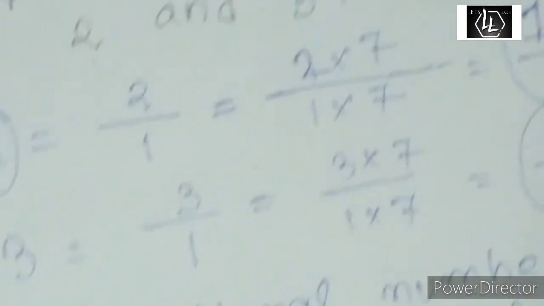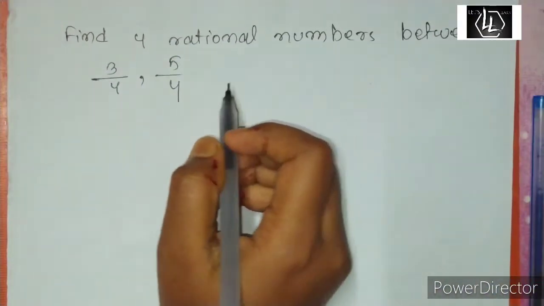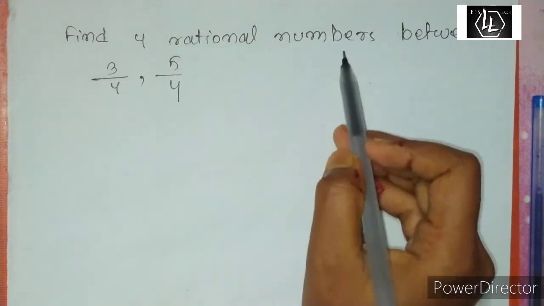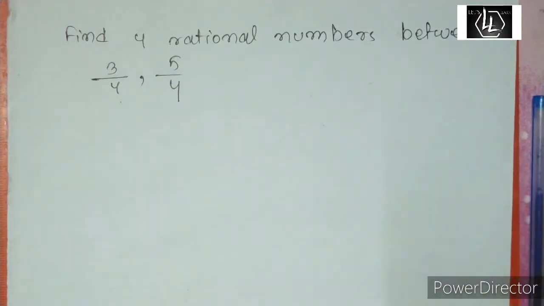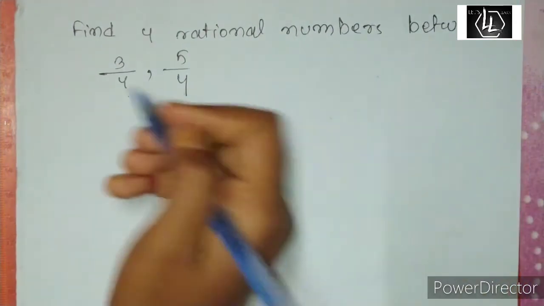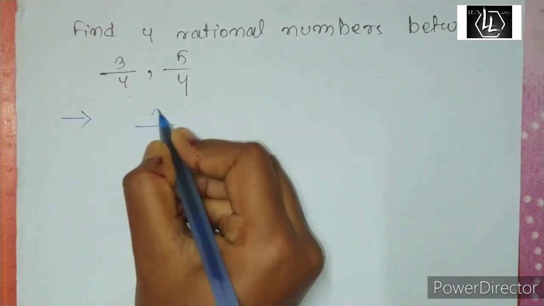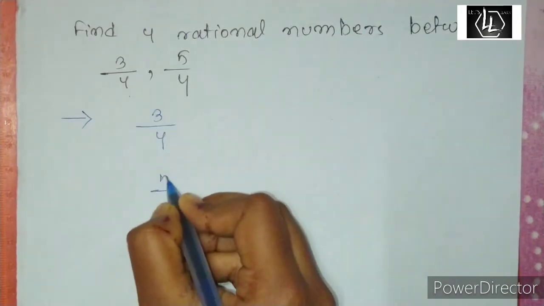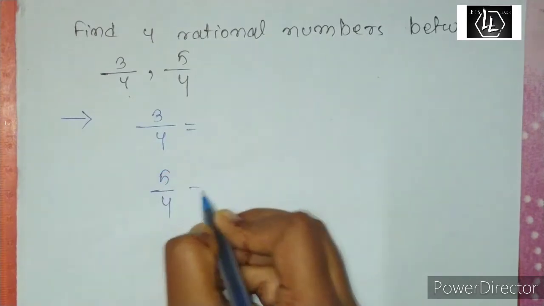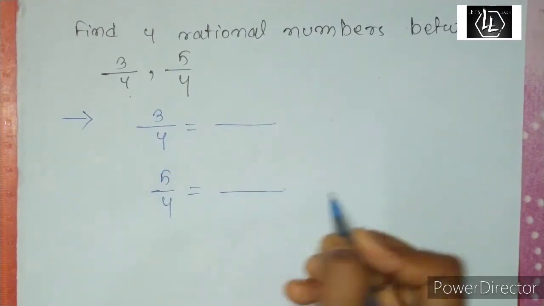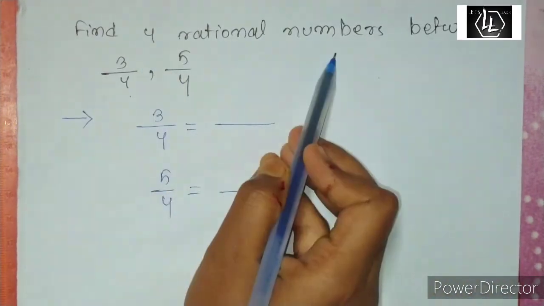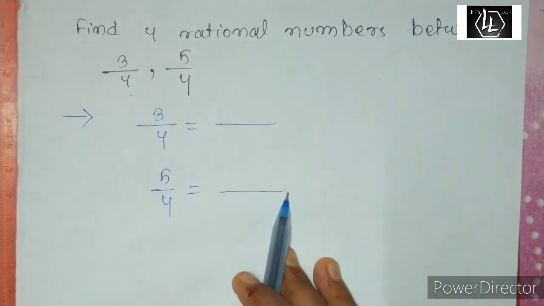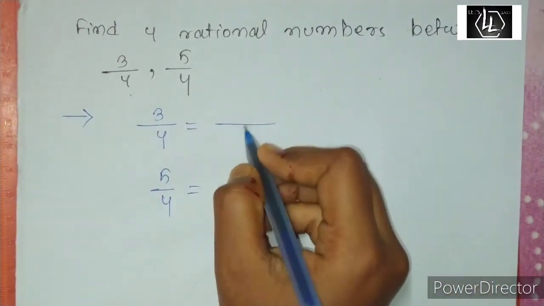Similarly, now if the question is find 4 rational numbers between 3 by 4 and 5 by 4, they have given already the rational numbers 3 by 4 and 5 by 4, so we can write it directly. Now we have to find 4 rational numbers, so we have to divide it into 5 divisions.